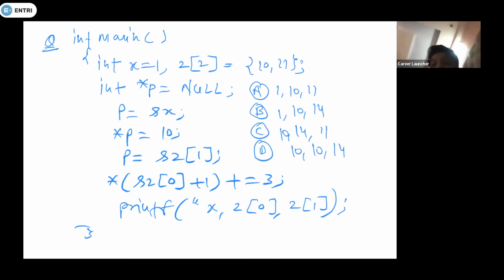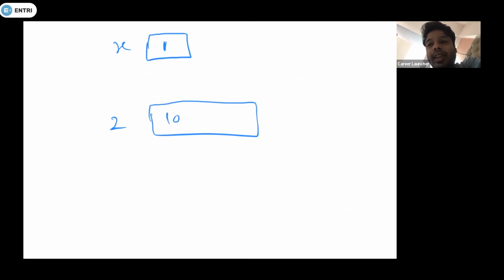Okay, so this one is the problem. Let us start here. Here x is 1, and z is an array storing two elements, 10 and 11.